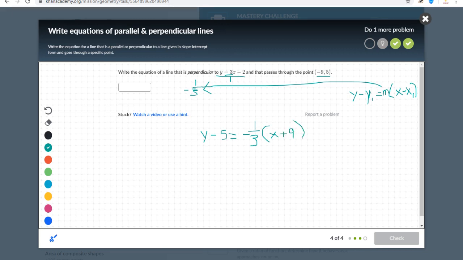And now let's multiply this out. So this 1/3 times x becomes negative 1/3 x. Negative 1/3 times 9, as we're using the distributive property here, it would become negative 9/3, which negative 9 divided by 3 is just going to give you negative 3.